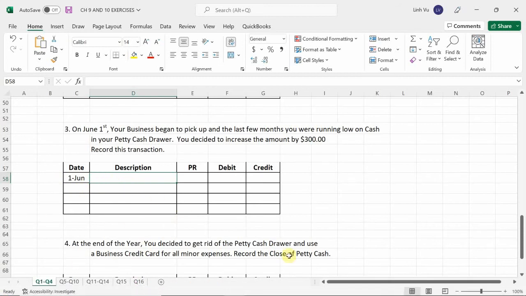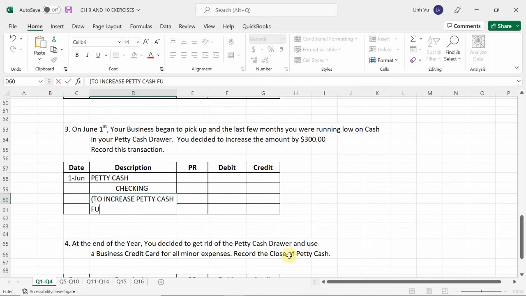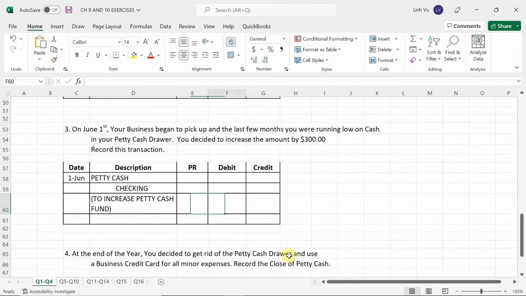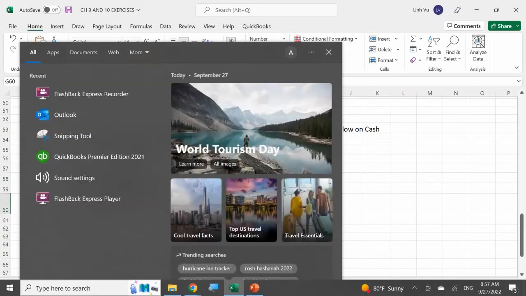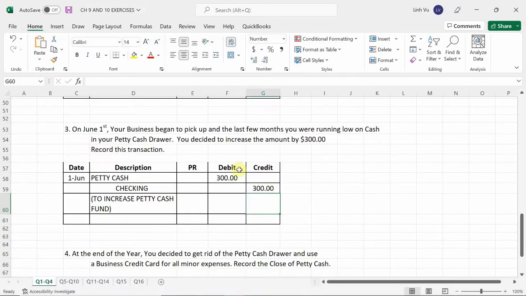And how do you get the money in there? Checking? You're going to write a check. Good. To increase it by $300. So now you have a total of $800 in your petty cash fund, because I have $500 from the previous ones, and then now I just added $300.